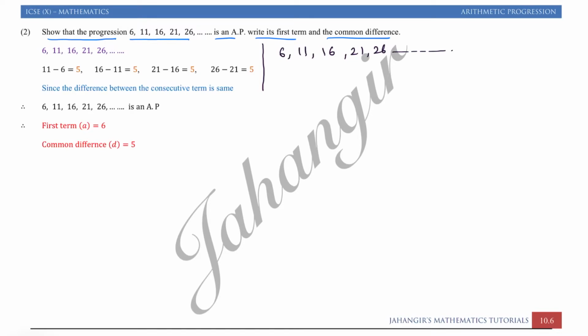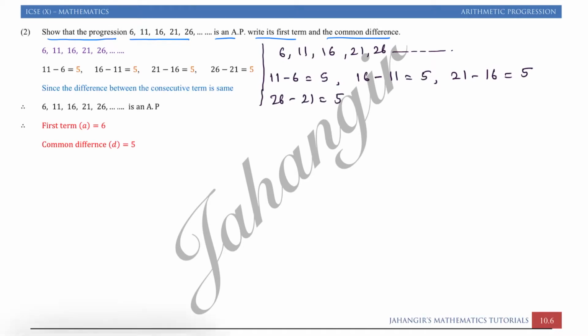Okay. So let us see, 11 minus 6 is what? 5, that is second term minus first term. Now third term 16 minus second term, again 5. 21 minus 16, that is again 5. 26 minus 21, that is again 5.